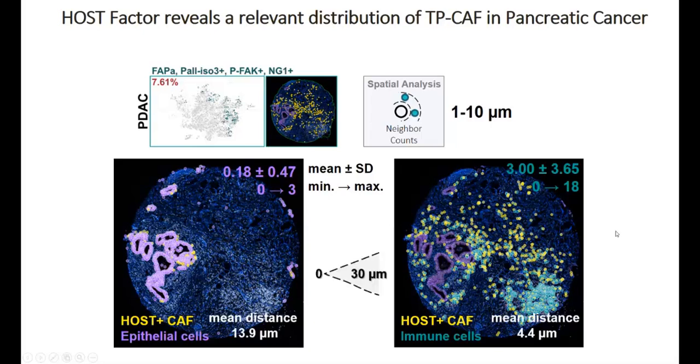So our attention went there, and just out of curiosity, I started to monitor from the origin of the cell to 30 microns away, what is the distance at which it's more common to find these cells? And as expected, epithelial cells and these particular calves are far away, but they are closer to immune cells, as you can see here.